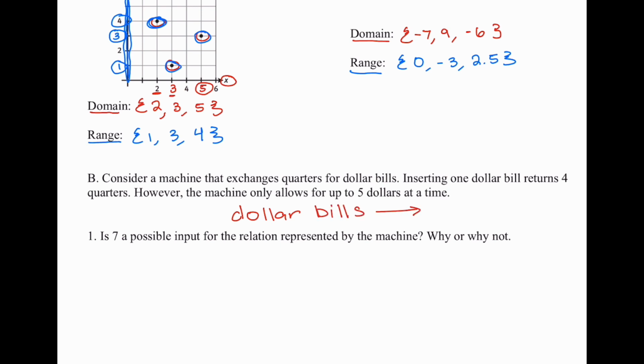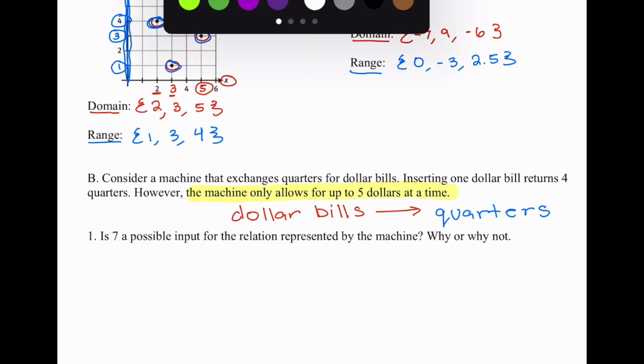That is our input, and our output is the corresponding amount in quarters. And this is important to note, the machine only allows up to $5 at a time, so I can't put in more than $5.